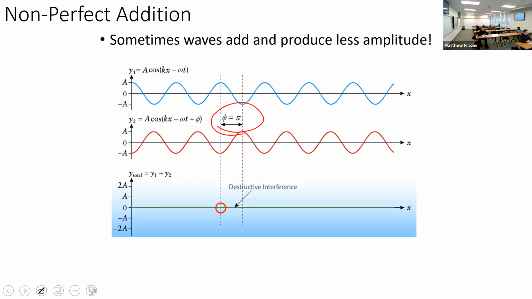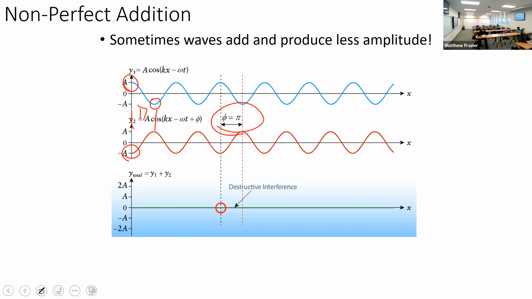And the phase being pi means that at some beginning point, I have minus the amplitude, and here I have plus the amplitude. So they start out of phase. They start with completely different values, or they start with values that are pi apart. This distance here is pi.